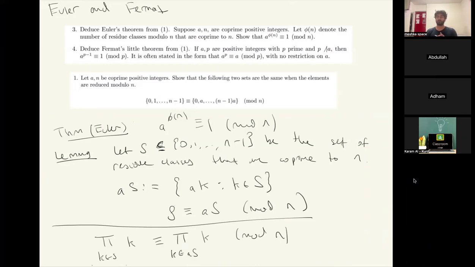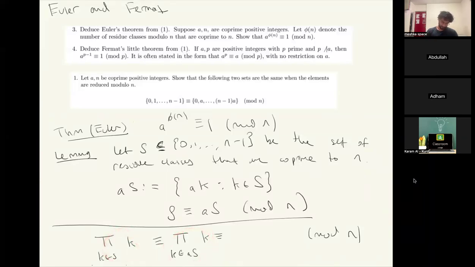Okay, but so now what? What does that tell us? The product of all the elements in AS is A to the totient function of n times the product of elements in S. Great. Right, so the point is this guy here, we can write it in terms of this, right?